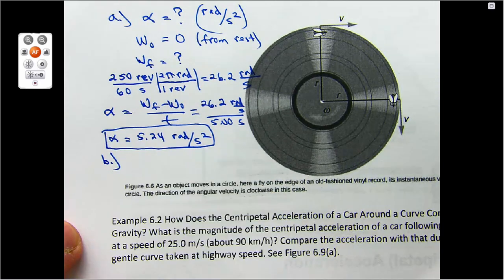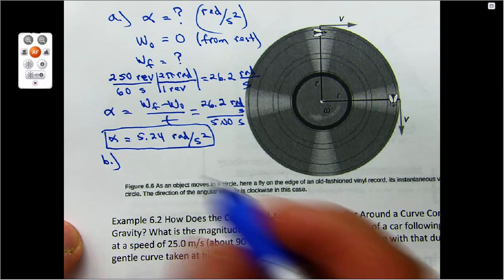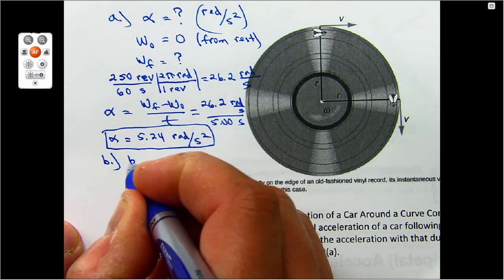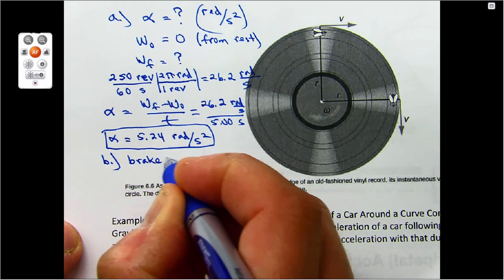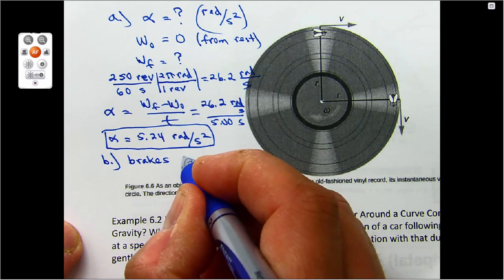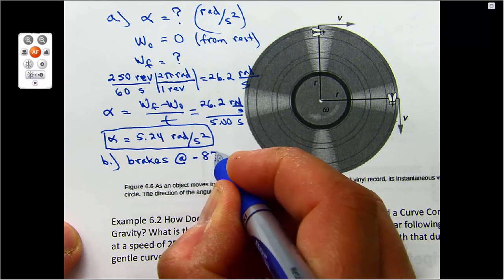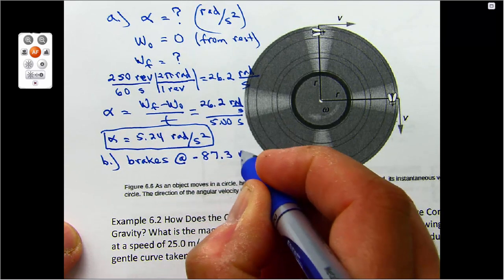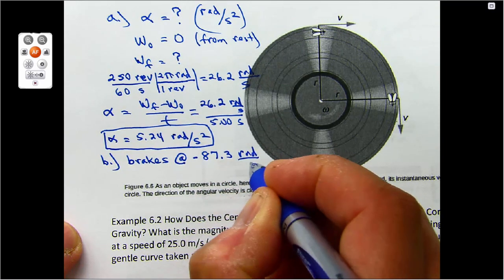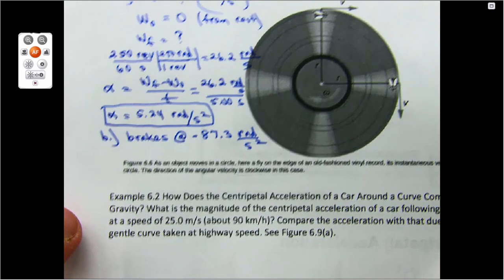And this is alpha. Now, in part B, it breaks at negative 87.3 radians per second squared.